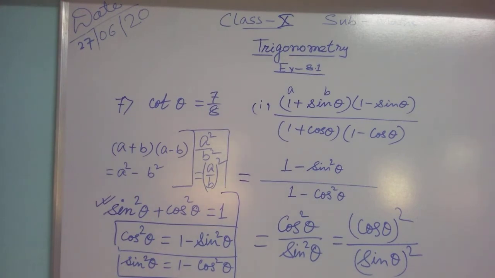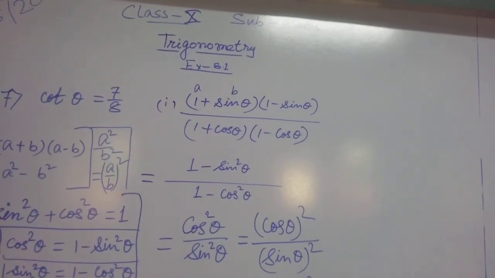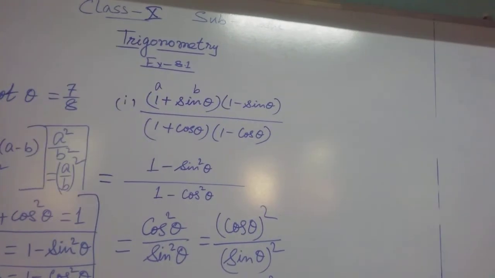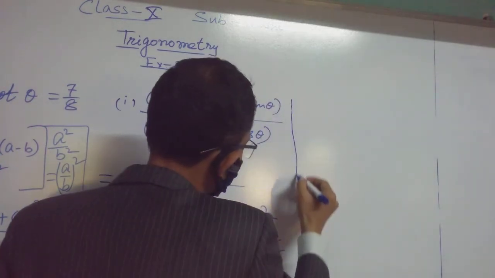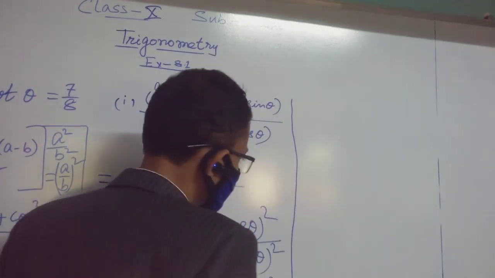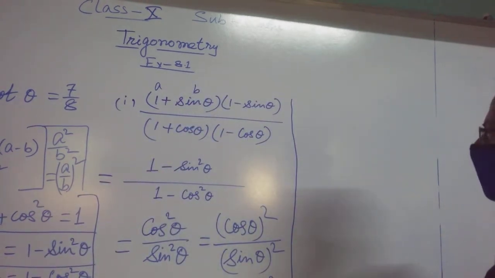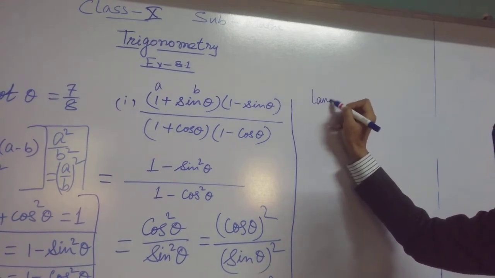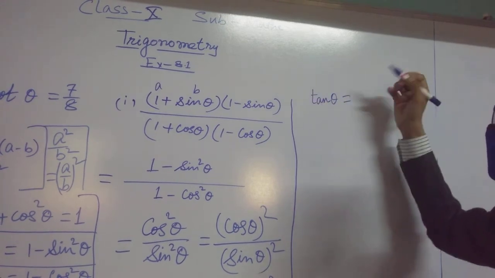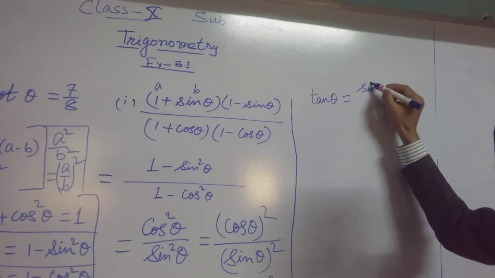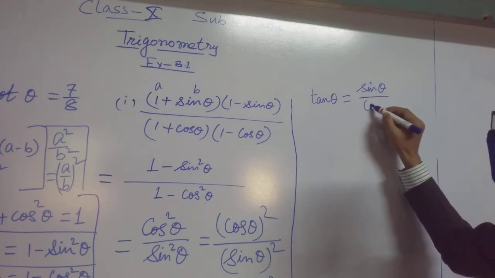Now this cos theta upon sin theta, we have another relation for that. Tan theta is equal to sin theta upon cos theta.